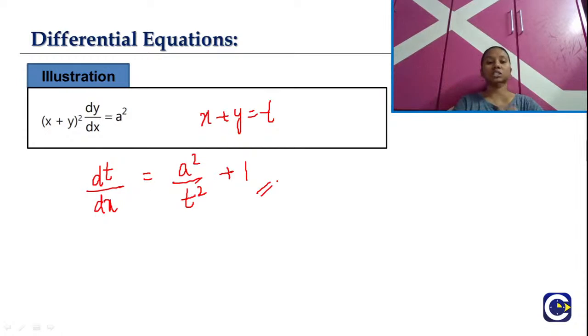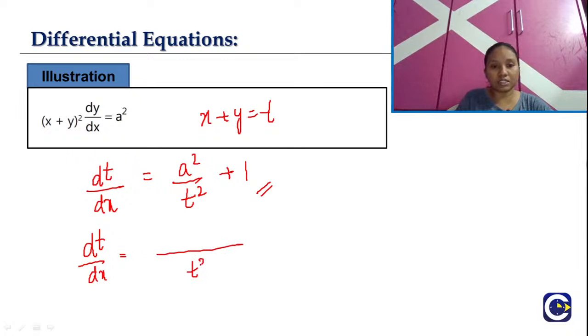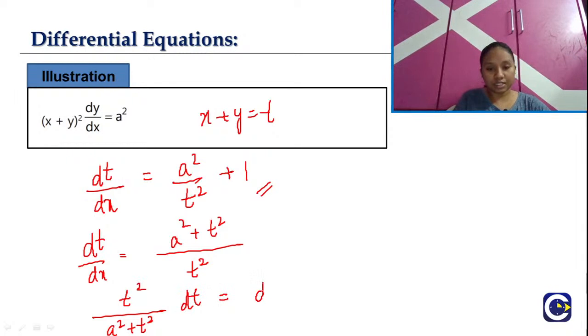We have to bring one variable to one side of the equation and the other variable to the other side. So let's simplify it. dt by dx is equal to a square plus t square over t square, where we take the LCM. And then we can bring all these t terms to this side and the x term to this side. So now it will become t square by a square plus t square dt, which is equal to dx here. So now if you observe, we have rewritten our given equation.